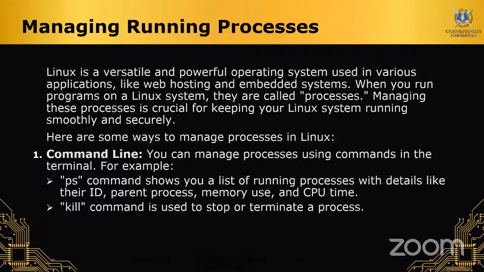So, first we have the ps command. The ps command shows you a list of running processes with their ID, parent processes, memory usage, and CPU time. ps stands for process status, and it is used to display information about running processes on a system.